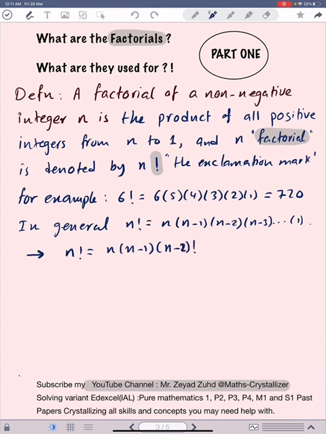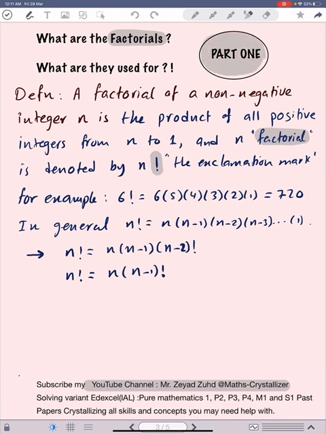Can we stop at n times n minus 1 factorial? The answer is yes. It's up to the problem you'll be solving, but I'm just introducing factorials in this first part.